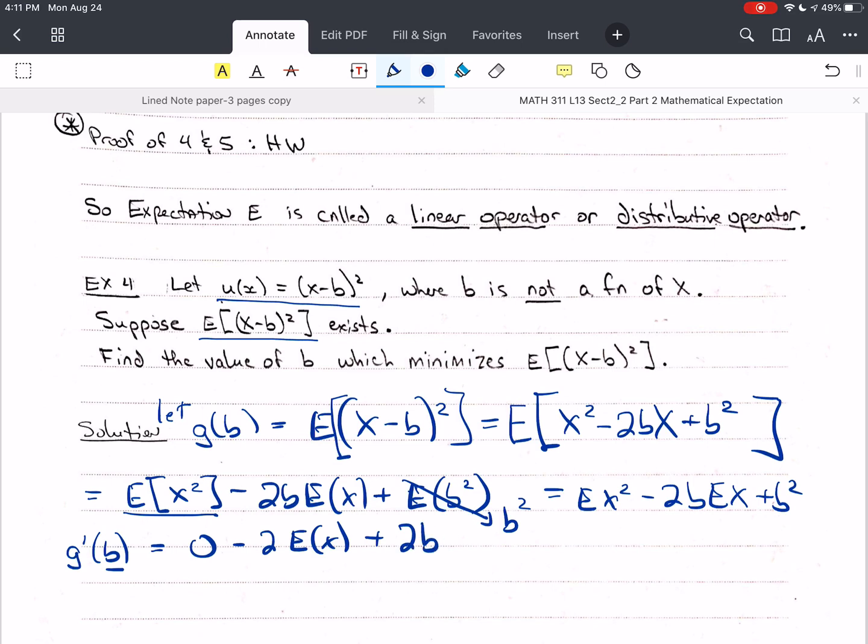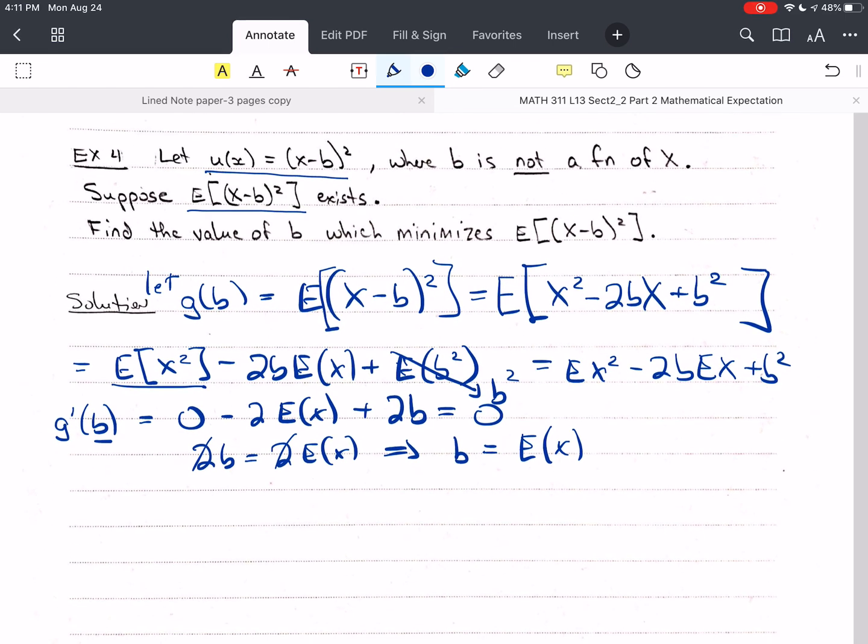And so to make the derivative either a maximum or a minimum, we set it equal to 0. And so we can solve for b now, and we'll have 2b is equal to 2e of x, which gives us that b is equal to e of x after we cancel 2 on each side.